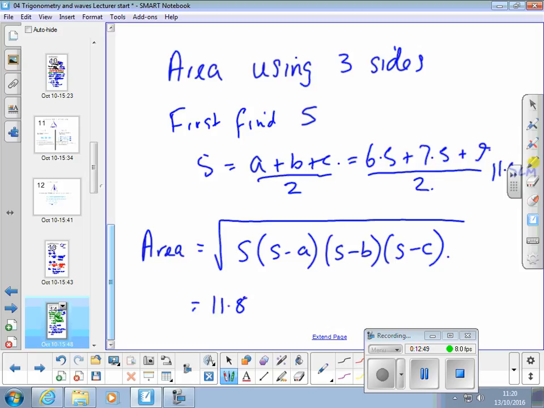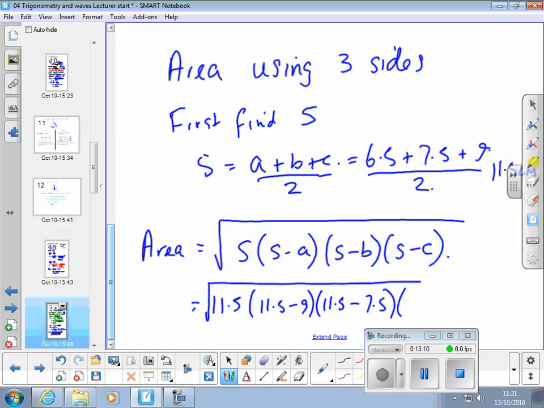11.5 times 11.5 minus A, times 11.5 minus B, 7.5, times 11.5 minus C, which is 6.5.